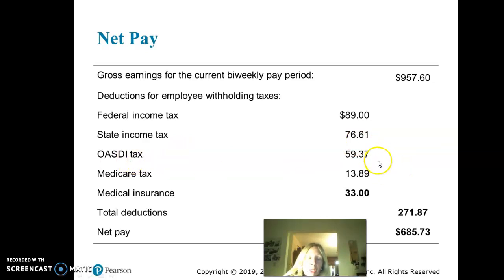OASDI is going to be that 6.2% of your gross. Medicare is 1.45%. And medical insurance is going to be given to you for total deductions of $271. This is your gross pay. These are your deductions. That's your net pay.